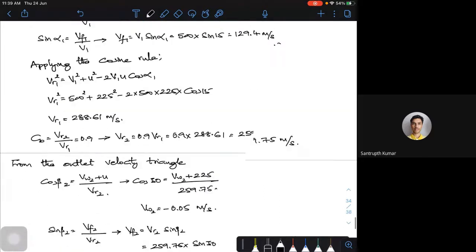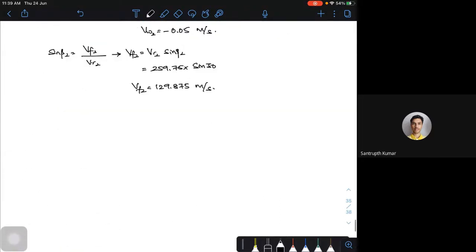So alpha 2 is equal to tan inverse of 0.05 divided by 129.875.